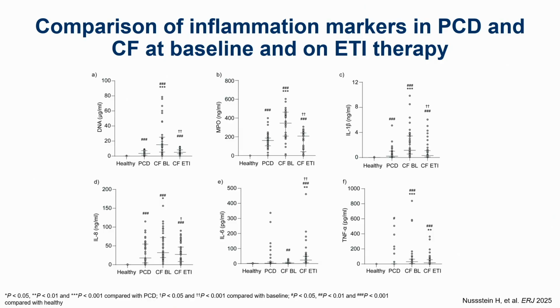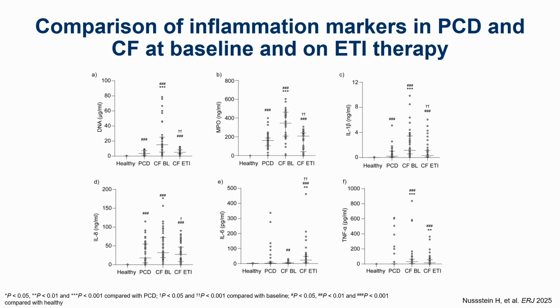Also here we observed that in PCD, IL-6 is an exception, I'll come to that in a minute, but for all other markers we observed higher levels in PCD compared to healthy. Again, CF at baseline exhibited an even higher increase in those inflammation markers, and ETI decreased them to levels comparable to PCD.